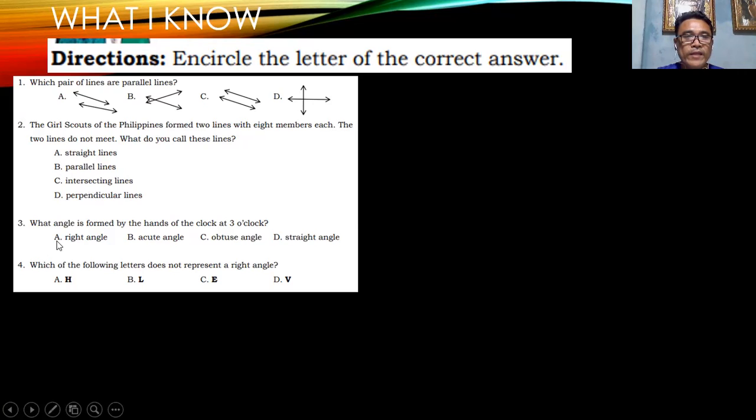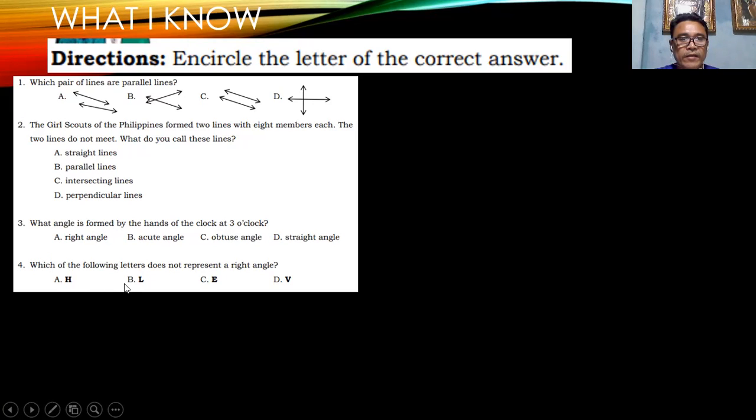3. What angle is formed by the hands of the clock at 3 o'clock? A, right angle, B, acute angle, C, obtuse angle, and D, straight angle. 4. Which of the following letters do not represent a right angle?